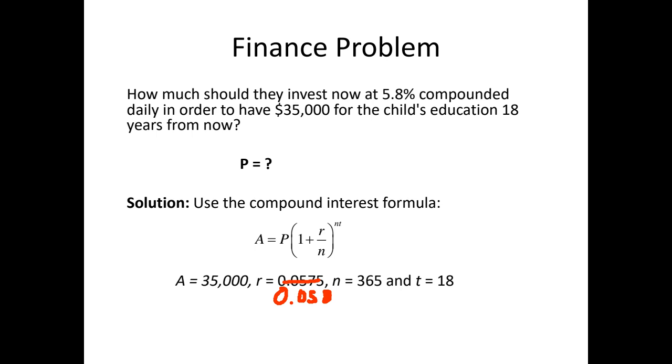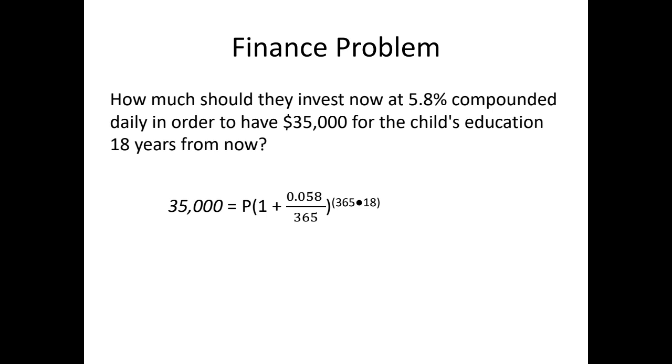But when you're dealing with money, you don't want to round to the end because you'll lose some money in there. Okay. So you have 35,000 is equal to P times (1 plus your interest rate divided by 365) raised to 365 times 18. And so 365 times 18 is 6,570, and 0.058 divided by 365 is this number.